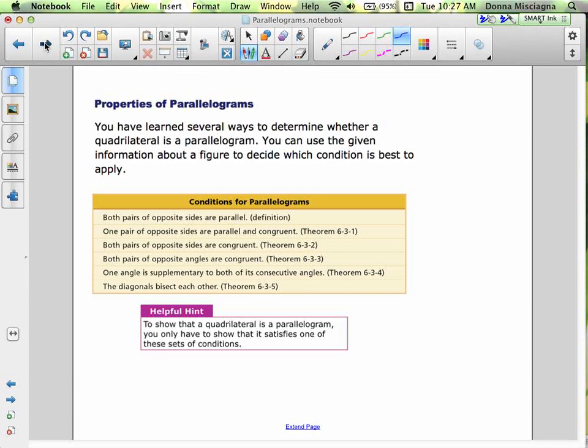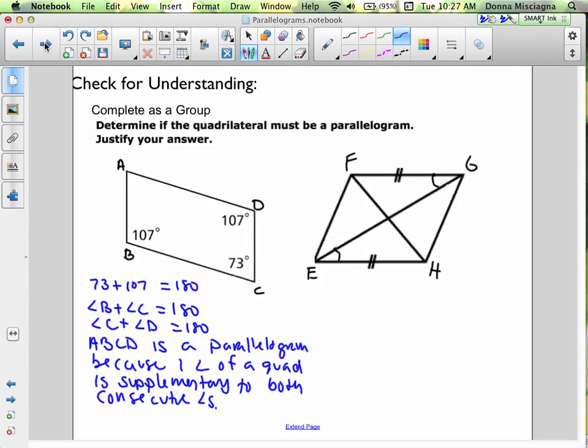All right, let's do the next one. I'm going to do this one as a 2-column proof. The one over here was a very short paragraph proof, and this one is going to be a kind of short 2-column proof. So we're given that HE is congruent to FG.